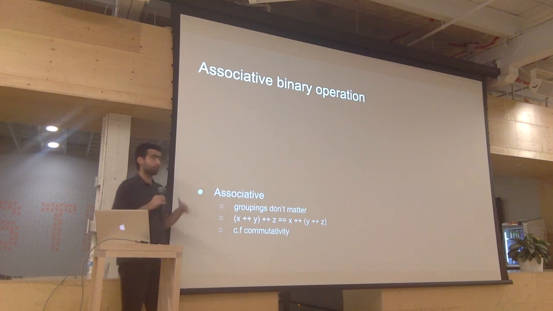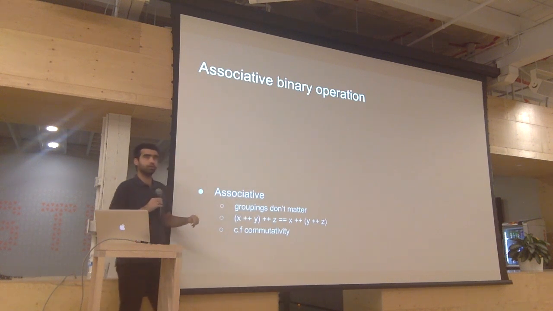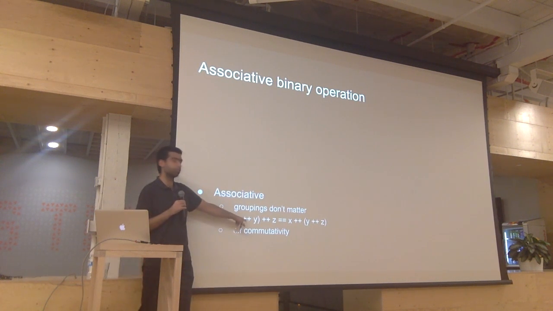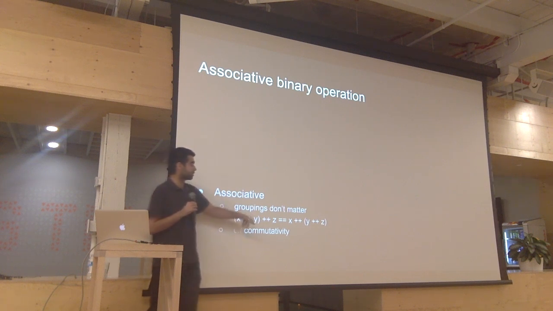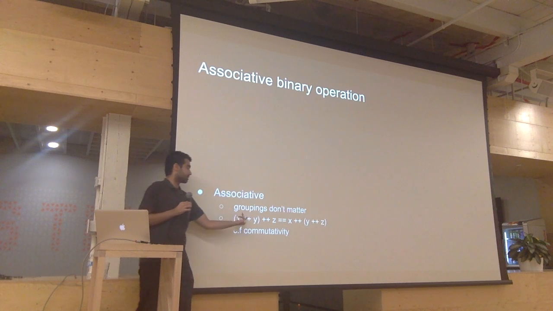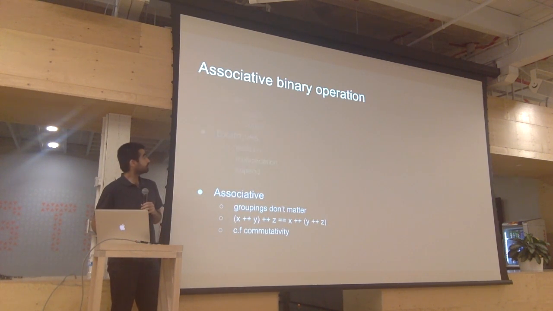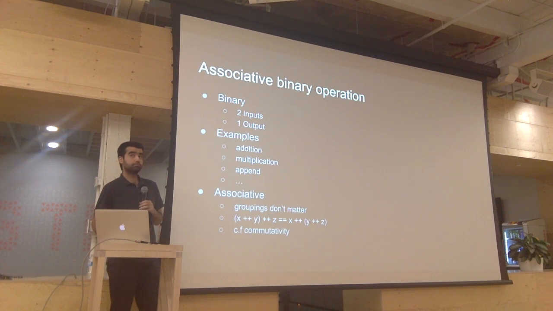It is different from commutativity, because I'm not changing the order in which I'm passing the arguments to the operator. I'm simply changing the sequencing in which I'm performing these operations, right? So I'm not changing this order, I'm just changing the grouping. All good here?